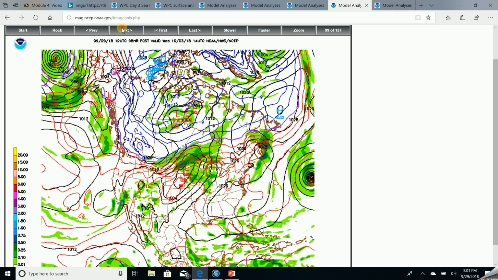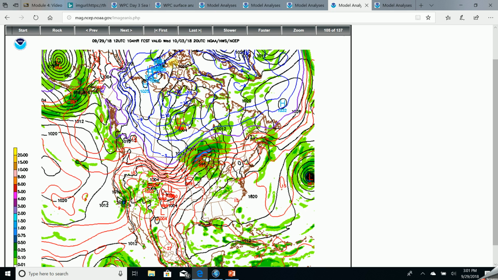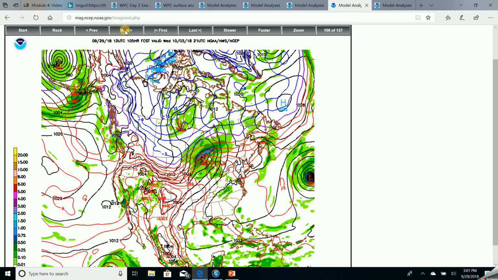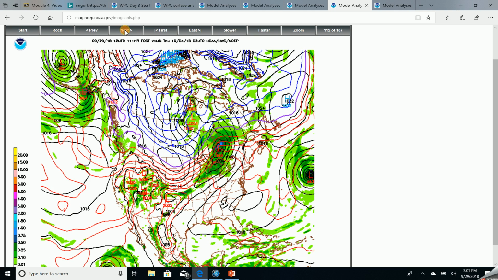Still 997. Now it's 990, 989. We get up in here, that's a 980 millibar low. Notice the isobars around it have tightened up a lot. Here's your cold front behind it, cold air coming into the west side of the low. That's an extratropical cyclone developing.